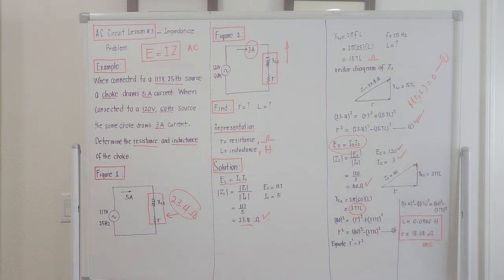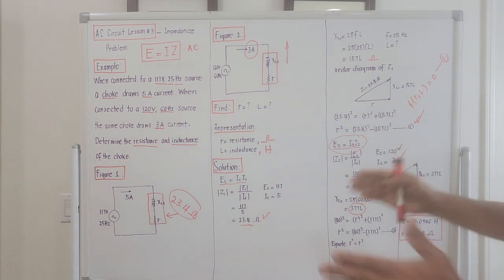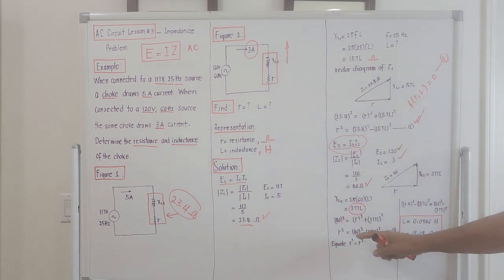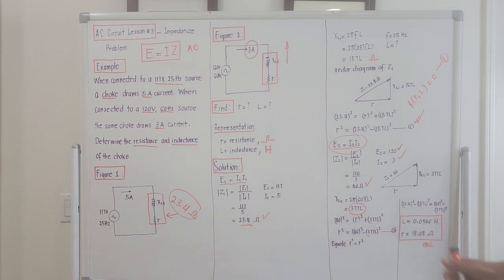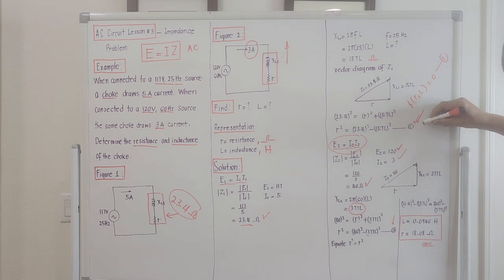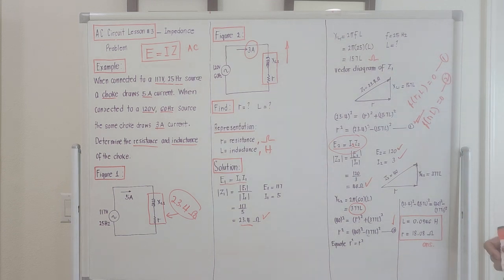Solving for R squared, this R is the same as this one, that's why I didn't change the designation. So R squared equals 40 squared minus (377L) squared, and that will be equation number 2.